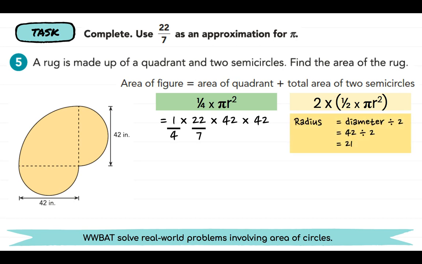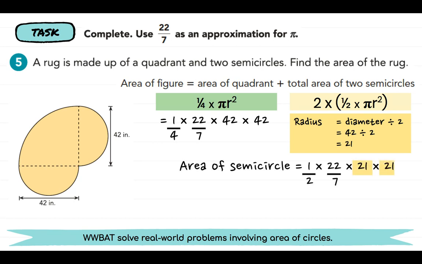But because we weren't given the radius for this semicircle, you have to divide the diameter by 2. The diameter of this semicircle is 42 inches, divided by 2 is 21 inches.